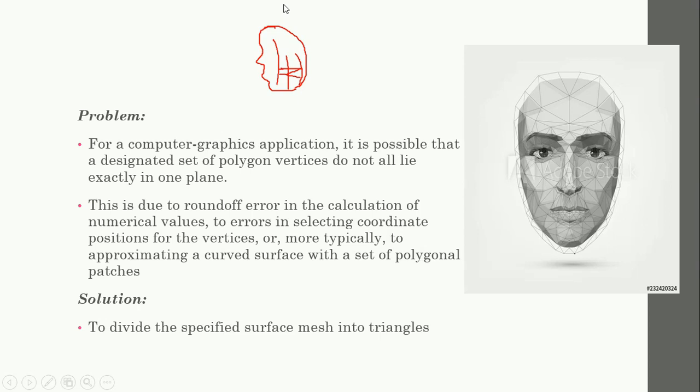You divide the specified surfaces into simple triangles so that you can draw the polygons to show a curved surface.